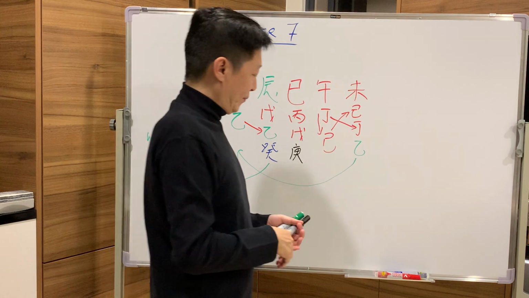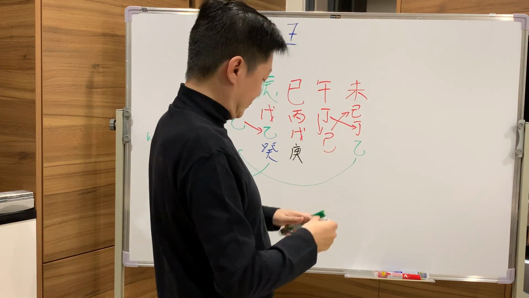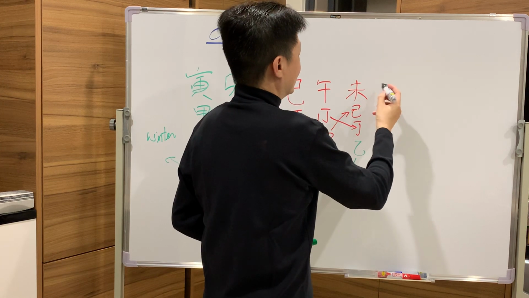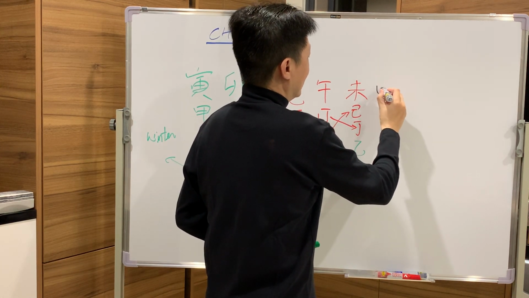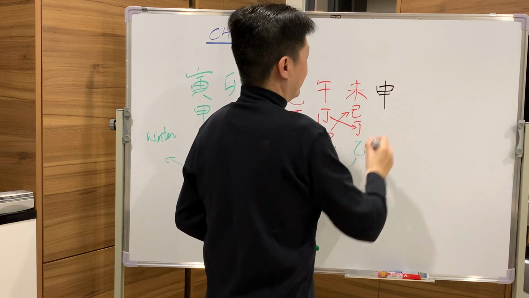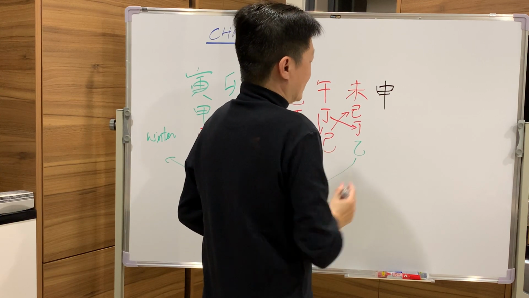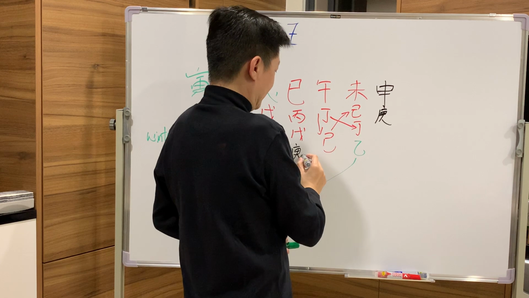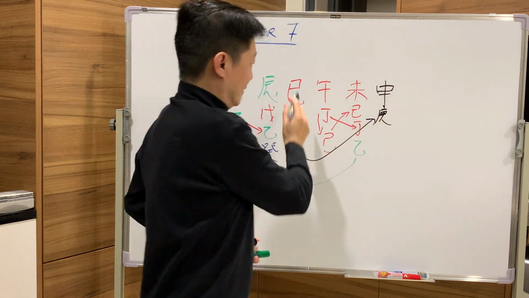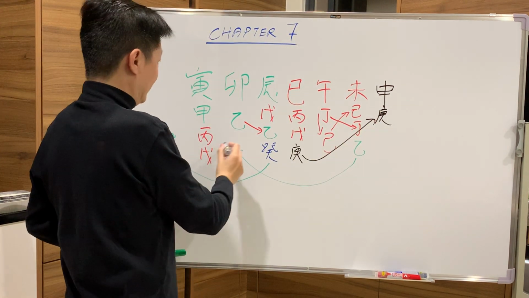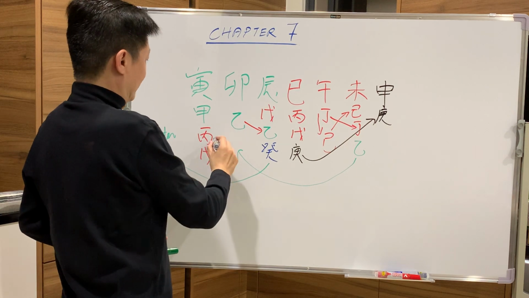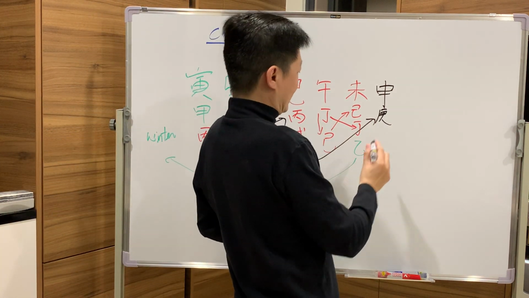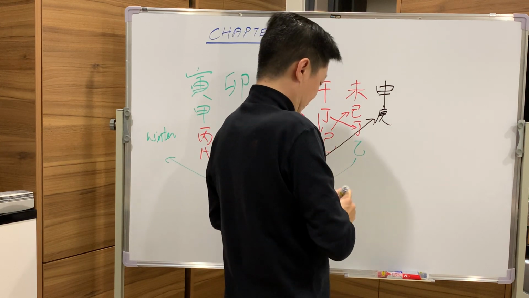Okay? Then after the end of summer, the start of autumn. Okay? The start of autumn is Geng. You see? Okay, then inside the Geng, you have Ren.